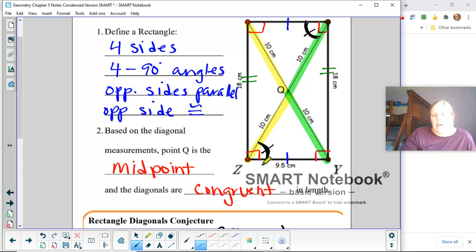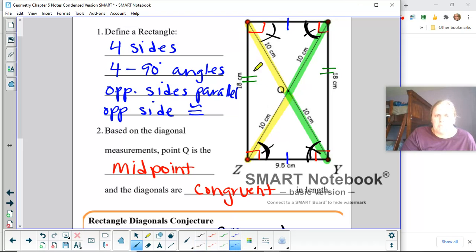Now, because we have an isosceles triangle here, 10 centimeters and 10 centimeters being the same, this corner is a base angle of this isosceles triangle, and they would be equal. So I'm going to put the same hash marks, and that process can be repeated up here as well. Now, those ones are also alternate interior angles. That's why they are the same too.